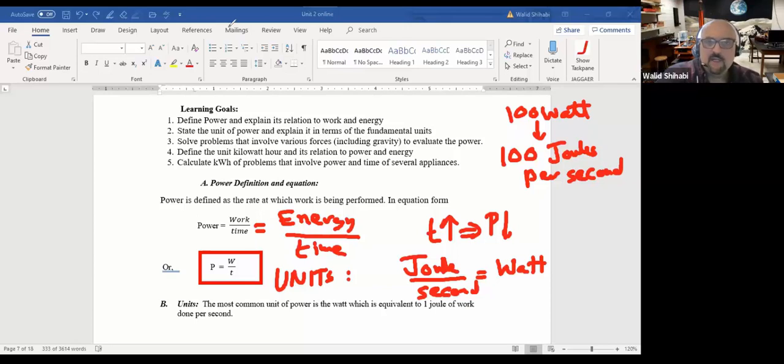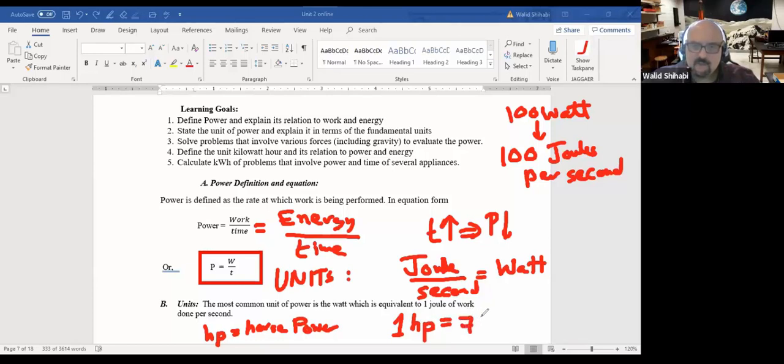We learn also another unit which is called horsepower. And usually we use horsepower for machines. Horsepower was first used in coal mines because they used horses to lift the coal out of coal mines. So they calculated the horsepower, and 1 horsepower is equivalent to around 746 watts.